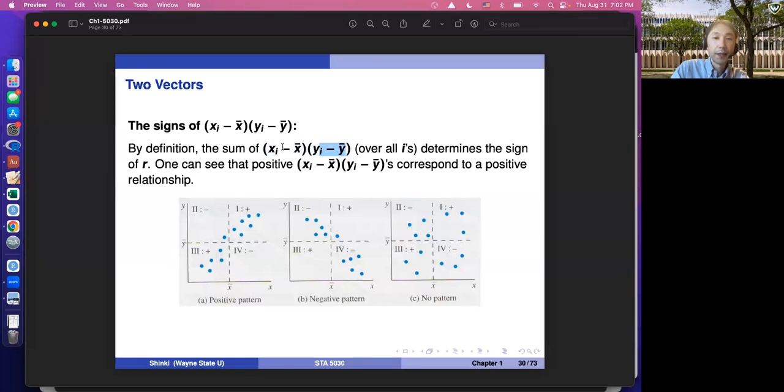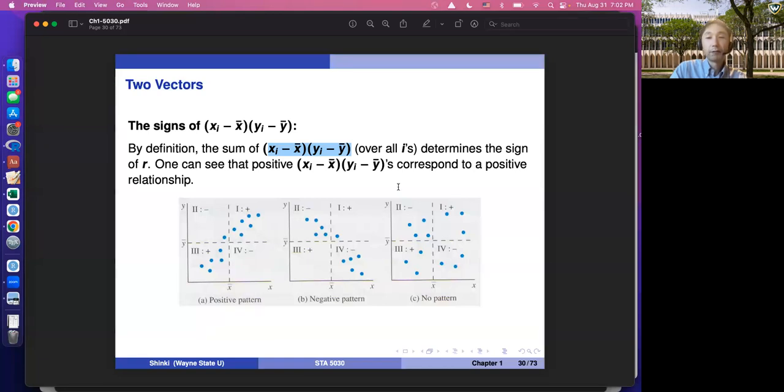So that means negative times positive, so the product is negative in region 2. For the same reason, in region 4, we have a negative value for this term. So most of the observations are in region 2 and region 4 for the negative relationship case. So that's why the correlation coefficient becomes negative.